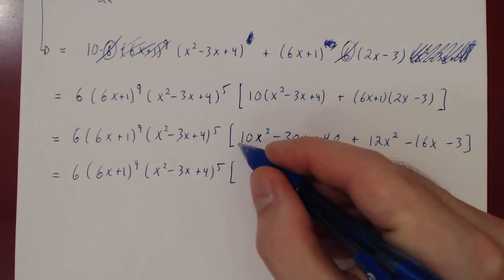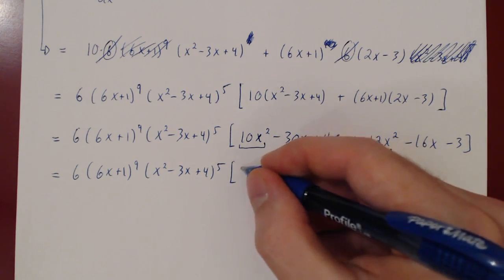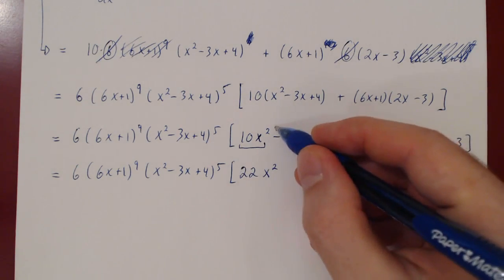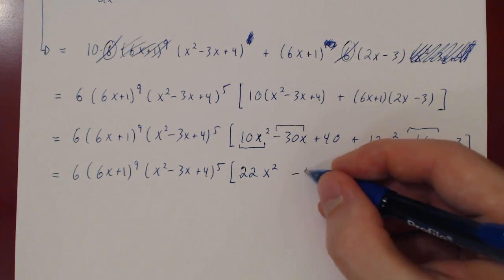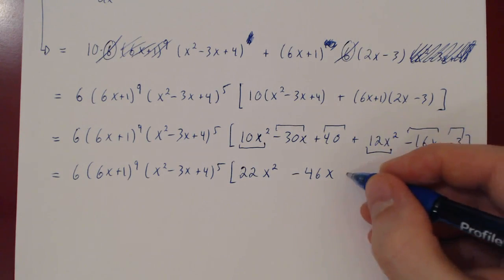Multiples of x squared. There's 10x squared plus 12x squared. That's 22x squared. Multiples of x, negative 30x, negative 16x. That's negative 46x. And the constant terms, positive 40 minus 3, negative 37.